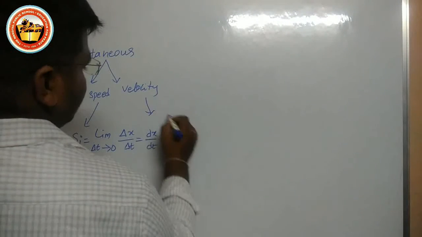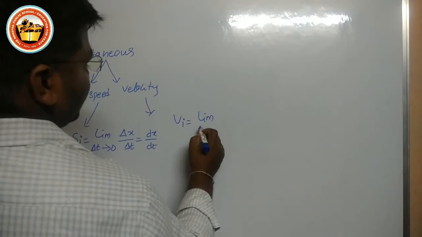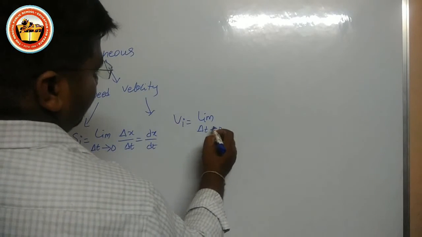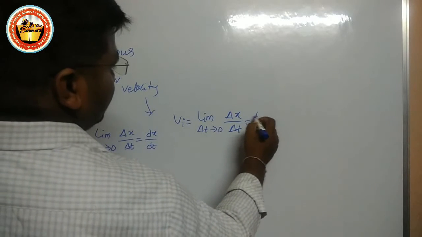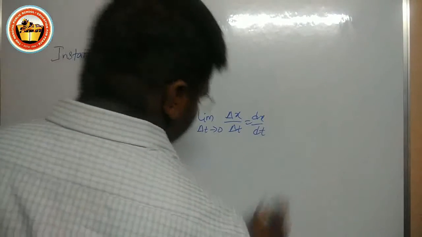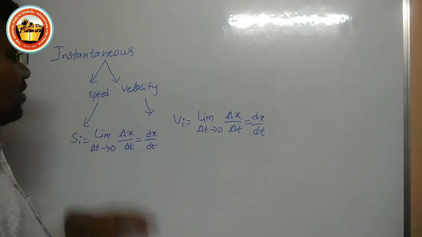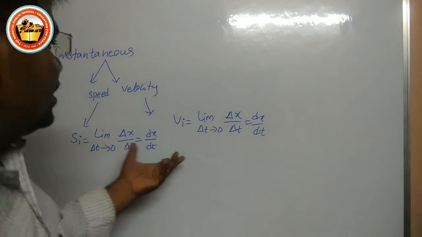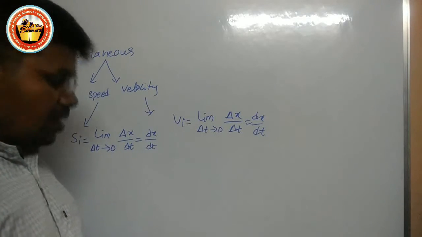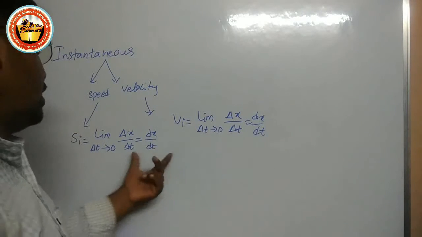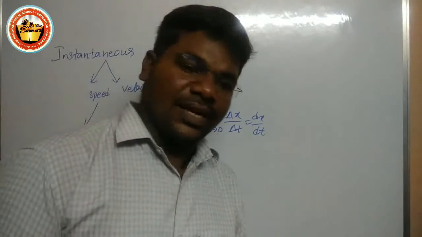Formula: instantaneous velocity Vi is the limit delta t tends to 0 of delta x by delta t, that is equal to dx by dt. Both instantaneous speed and velocity are approximately similar to each other. This is the differential formula: dx by dt.